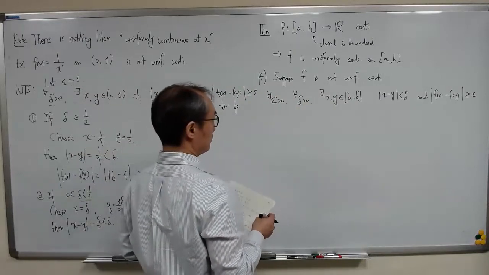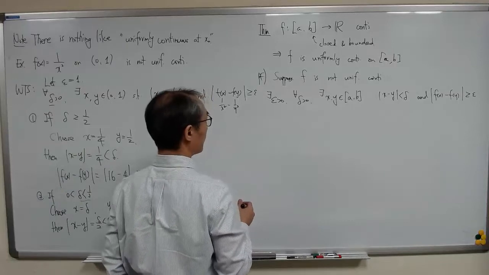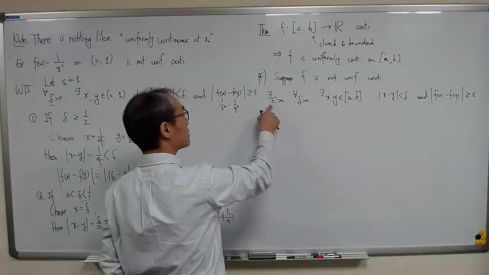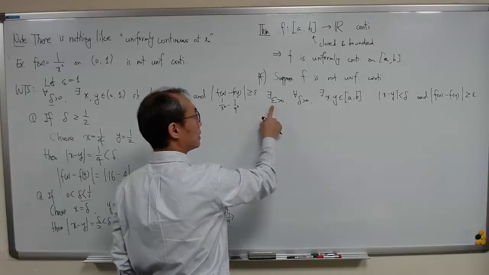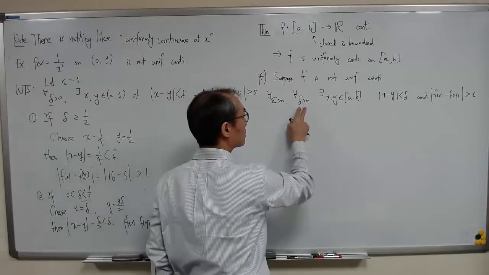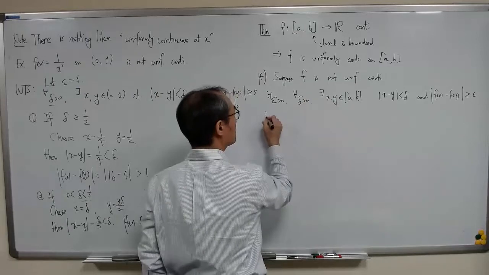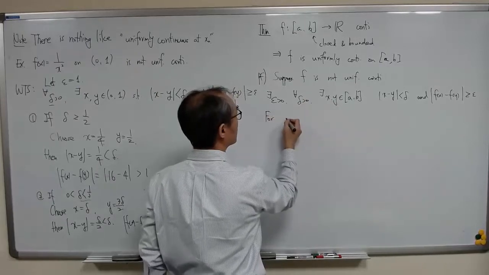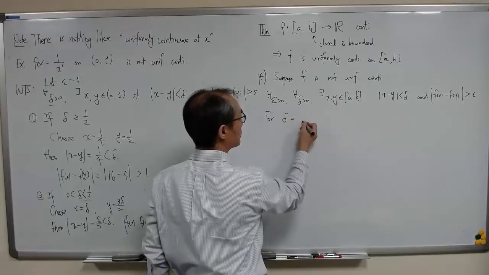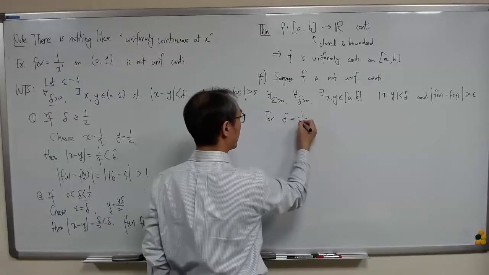Then there exists some epsilon, and for all delta we have corresponding x and y.